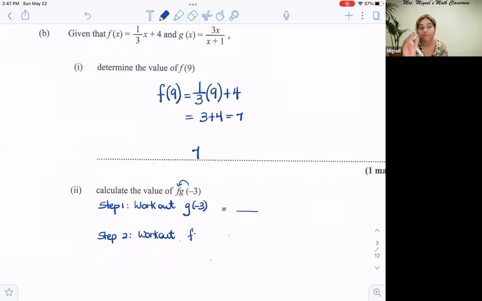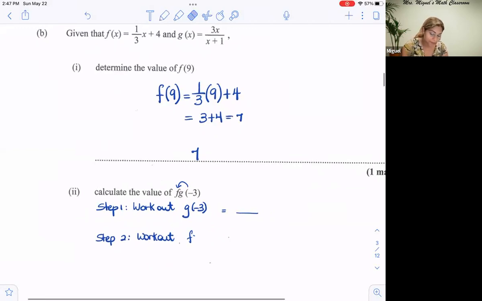Now, for the composite function, it is a two-step question. We cannot work it out just like f of 9 because a composite function means we merge two functions to form one. So the first thing we must find is g of minus 3. And probably you're wondering, well, Miss, why did you choose g first?